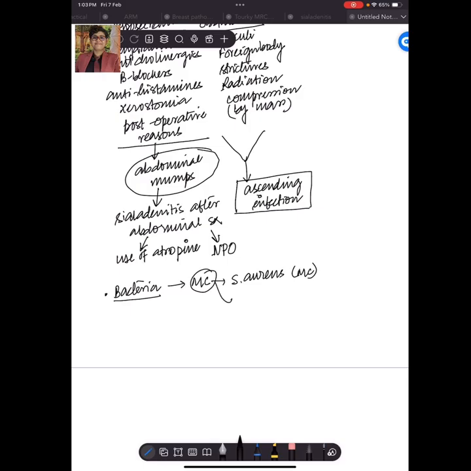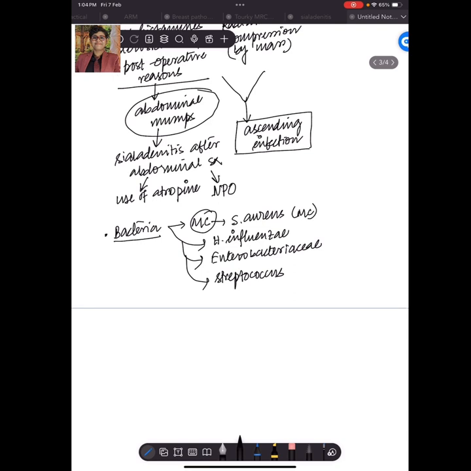It can also be caused by H. influenzae, Enterobacteriaceae, and Streptococcus. Now, tuberculosis and actinomycotic infection can also resemble sialadenitis and look like a neoplastic proliferation. This is also a very important point, that TB or actinomycosis may look like a neoplastic proliferation.